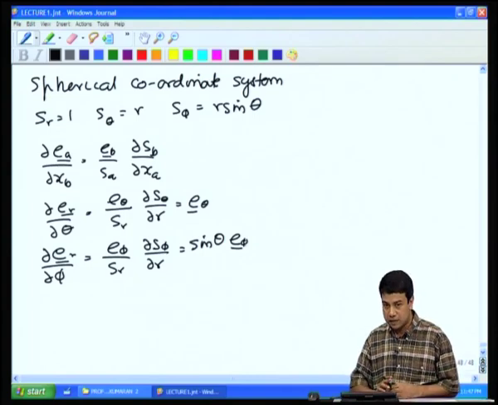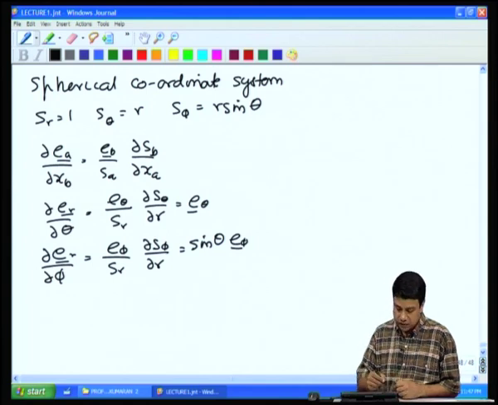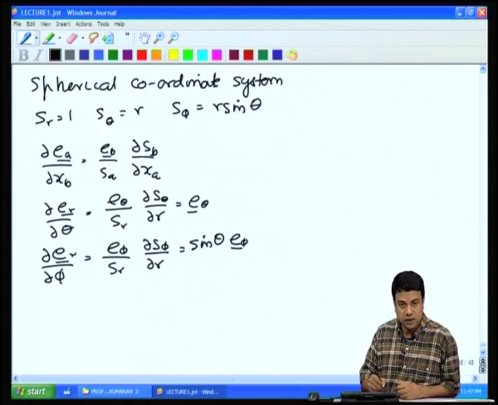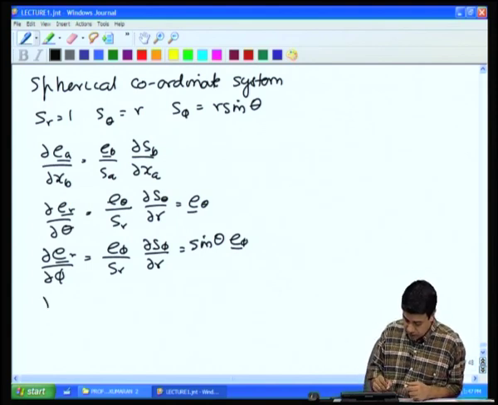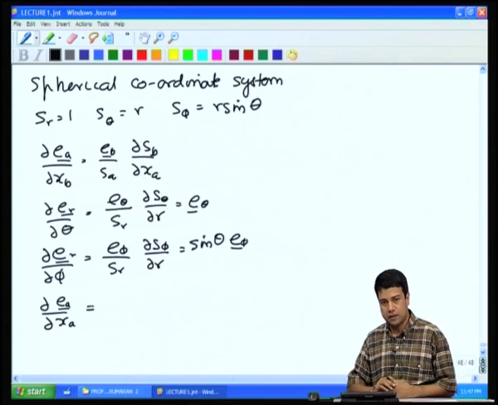What about the diagonal terms? Okay. This just gives you the derivatives of unit vector in one direction with respect to some other direction. Okay. You can also derive the unit vectors in one direction with respect to that same direction itself as follows. Okay. You know that partial E A by partial x A, if I want to evaluate this one, okay, what I do is to express E A in terms of E B and E C. Okay.